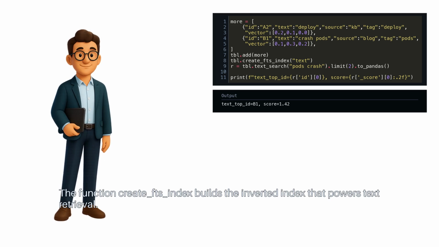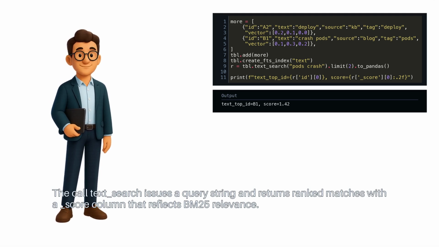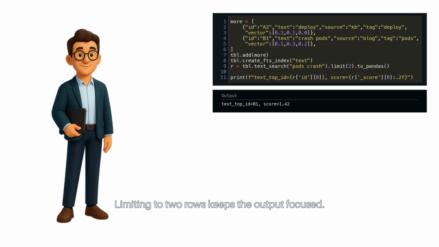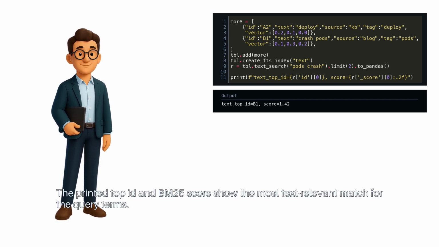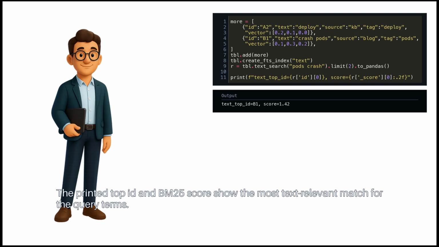The function create_fts_index builds the inverted index that powers text retrieval. The text search call issues a query string and returns ranked matches with a score column that reflects BM25 relevance. Limiting to 2 rows keeps the output focused. The printed top ID and BM25 score show the most text-relevant match for the query terms.